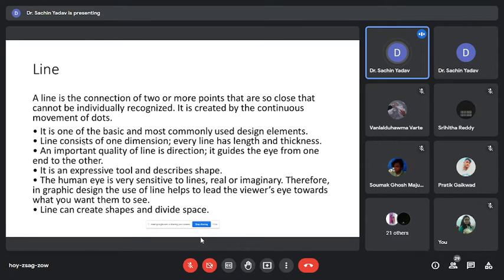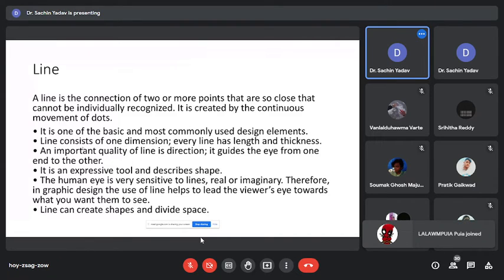Line consists of one dimension. Every line has a length and thickness. An important quality of line is the direction. It guides the eye from one end to another. It is an expressive tool and describes the shape of a building. It can describe the shape of any object, like any machinery, right? Anything.